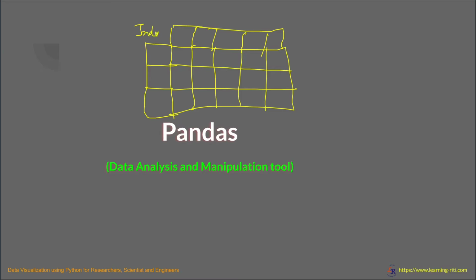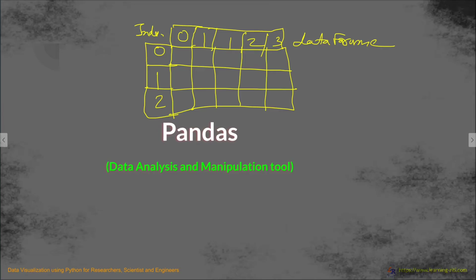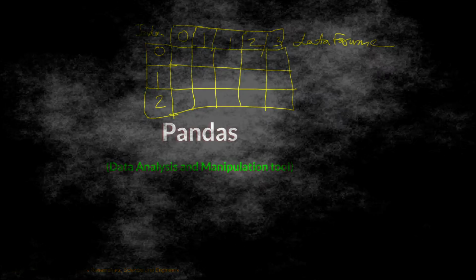Here you will start 0, 1, 2, and here again for the column 0, 1, 2, 3. So this is your data frame where you will have the tabular form very nicely arranged.